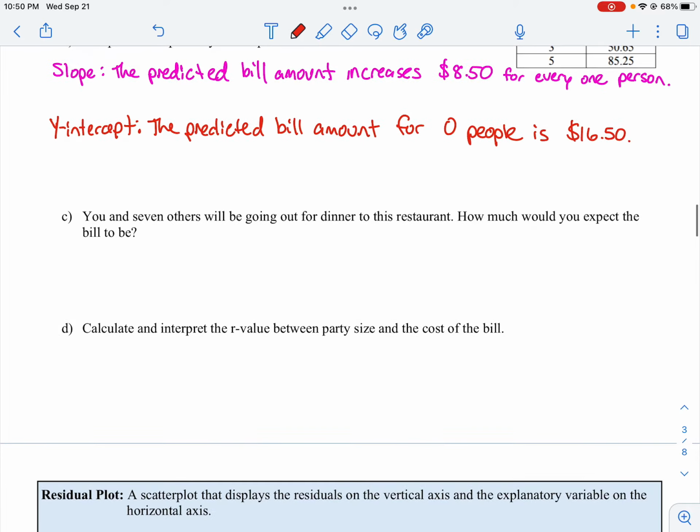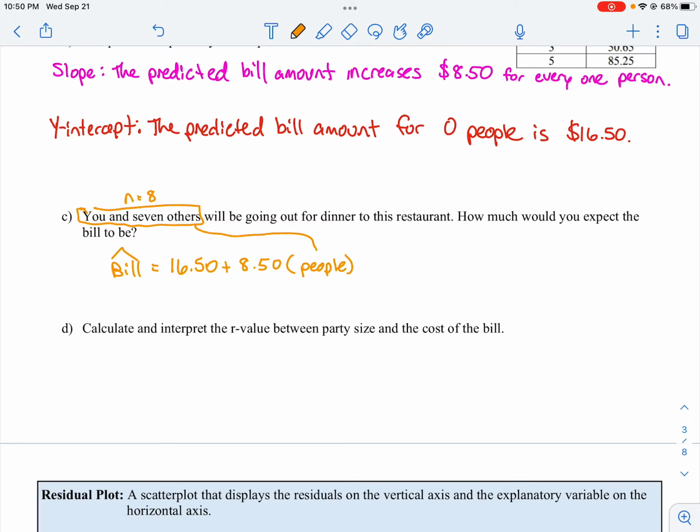Next, you and 7 others will be going out for dinner to this restaurant. How much would you expect the bill to be? You and 7 others means that we have 8 guests. So the projected bill amount is equal to $16.50 plus $8.50 times the number of people.